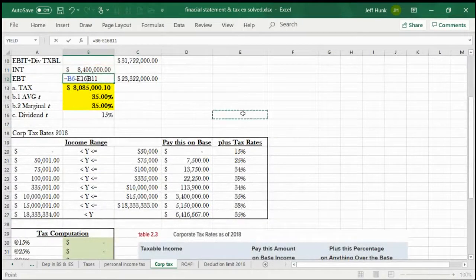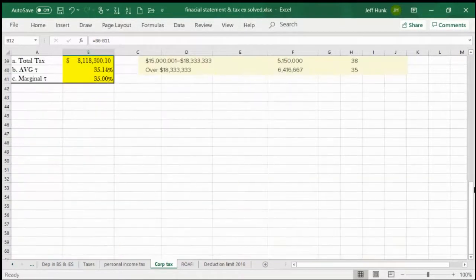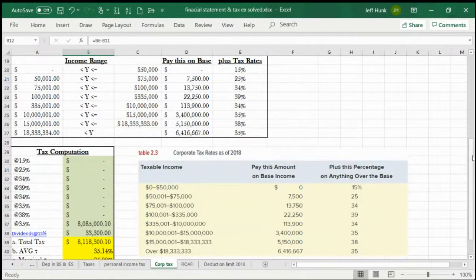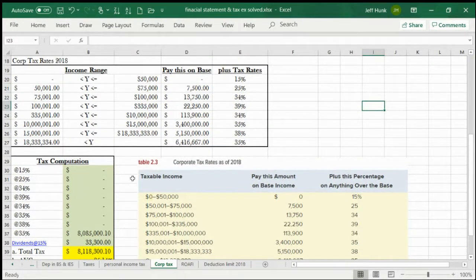The way it works, and now you should be more comfortable with this: this is the 2018 corporate tax bracket, and apparently the corporate tax schedule didn't change much from 2006. Now, the interesting thing is they don't go through every bracket like in personal income.